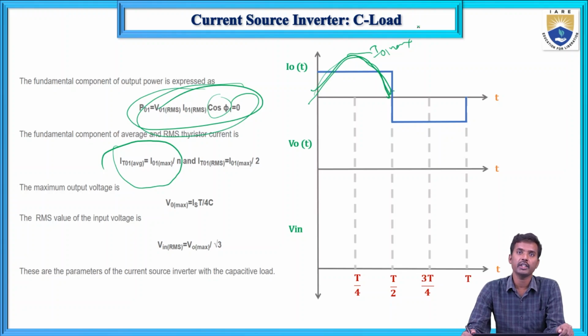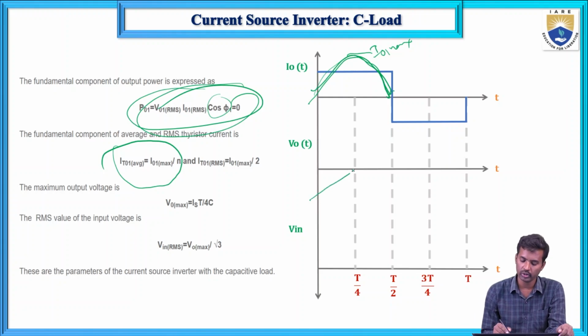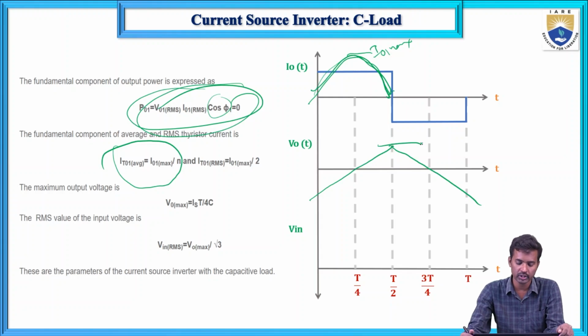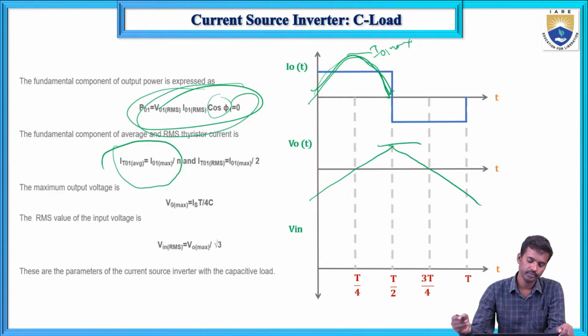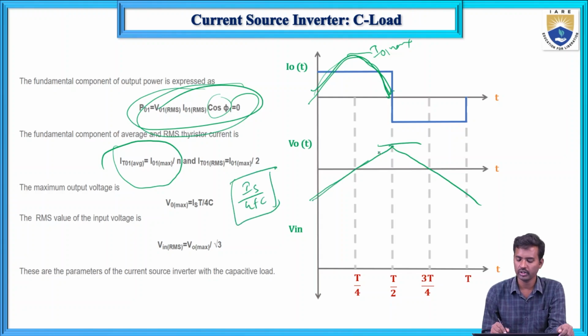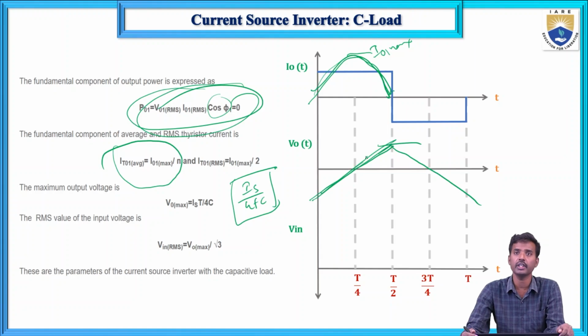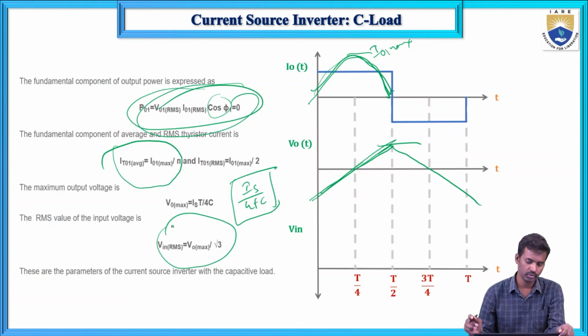And next, maximum output voltage equals to, how will we calculate maximum output voltage? Maximum output voltage equals IS by 4FC. This you will get from the integration. And next, the RMS value of input voltage is V01 maximum by root 3.